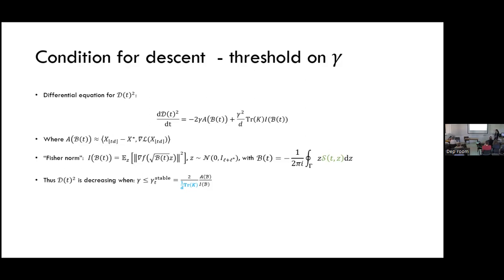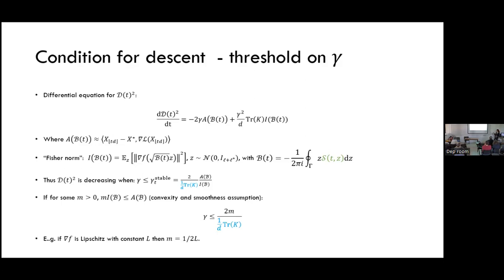When you have some nice properties of your problem, such as convexity or smoothness, this dynamical threshold can actually be constant. And this can be related, for example, to the Lipschitz constant of the gradient.